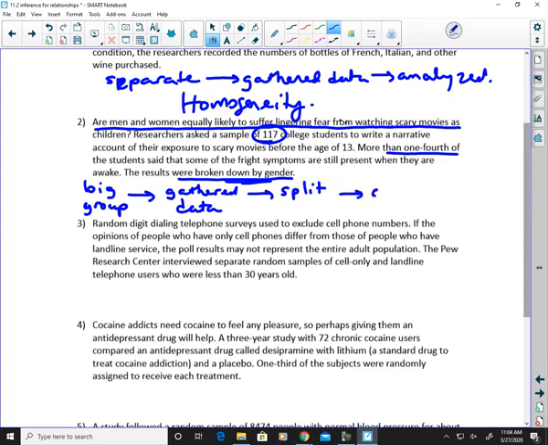And then they analyzed. So that would be a test of association. You can use an association between lingering fear and gender, or is lingering fear and gender independent? So either of those would work.